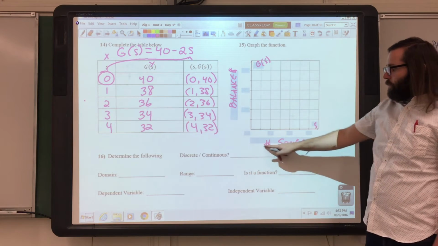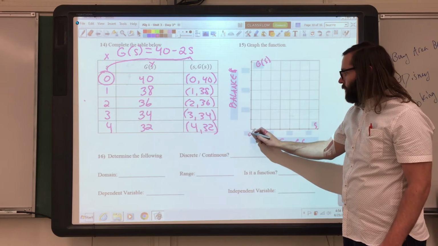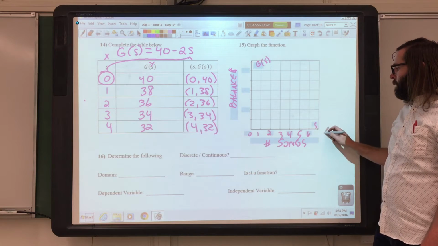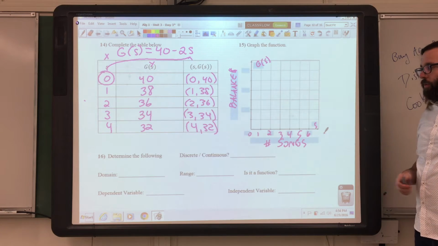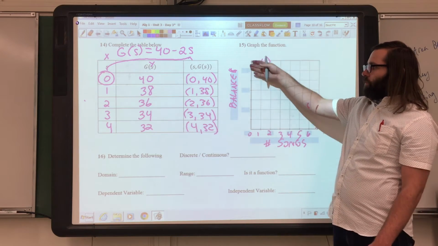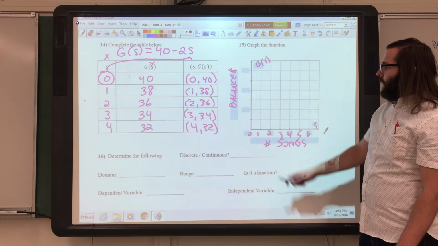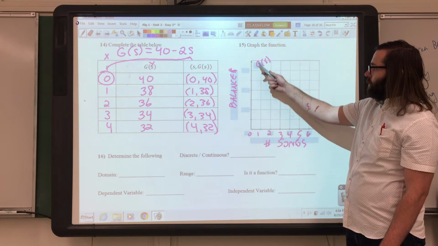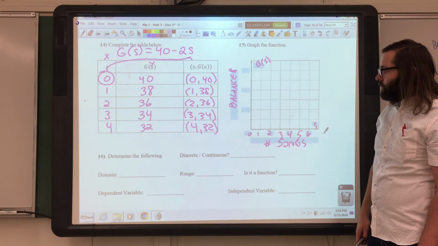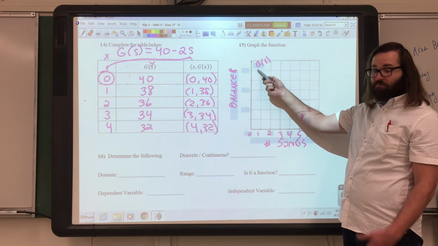Our downloads, so our number of songs, let's find an appropriate interval. They go by 1, so this would be 0, 1, 2, 3, 4, blah, blah, blah, all the way. And our Y's go from 40 down to 32, or even lower. So we could have 10, 20, 30, nope, can't do that. We could do 15, 30, 45.